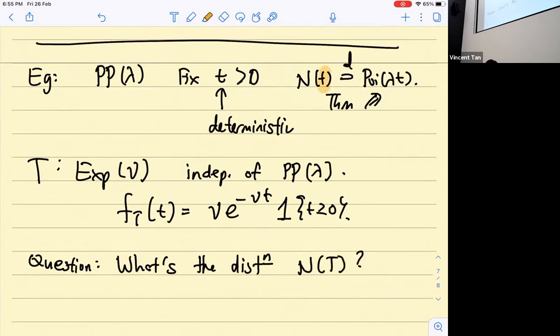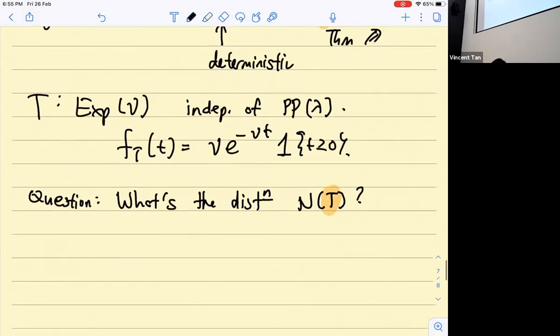This is little t and this is capital T. Later on, I will show you. You see what's the difference? You look confused. Are you confused? No, okay, very clear, right? What is little t and what is capital T? Now I'm putting in a random time. So here, what's the distribution of N_T?